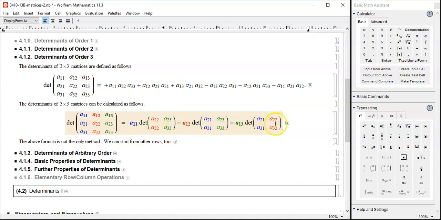And the second rule here, this can be extended over to arbitrary order because this is basically a recursive definition. If you have an n by n matrix here, do exactly the same thing to the first row, then what do we have? We have something times an order n minus 1 determinant, and something times another order n minus 1, something times another, and that continues. So basically, from 1 by 1 we get 2 by 2, from 2 by 2 we get 3 by 3, from 3 by 3 we get 4 by 4, from 4 by 4 we get 5 by 5, and so on.